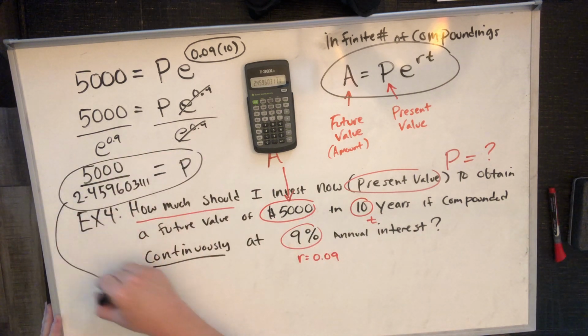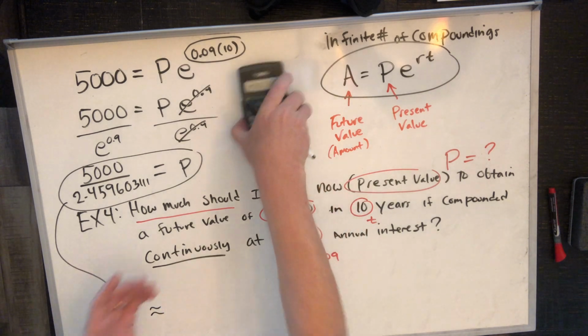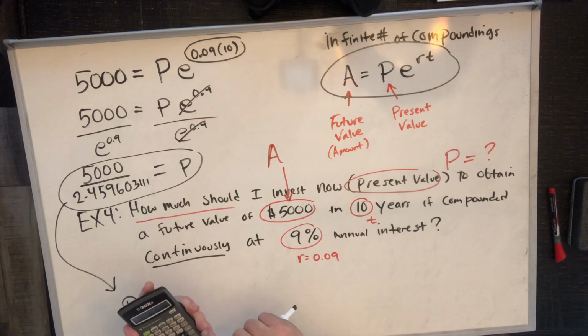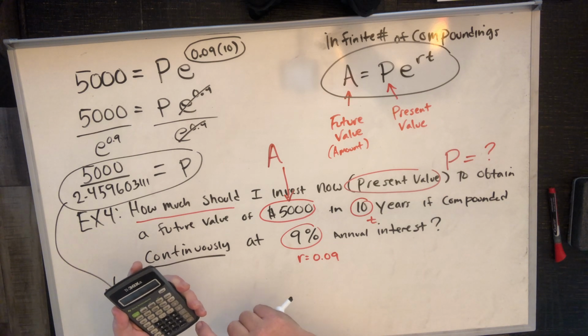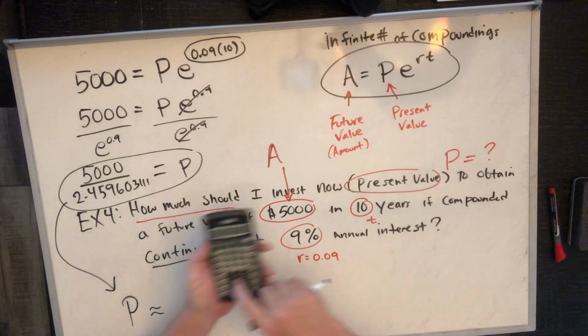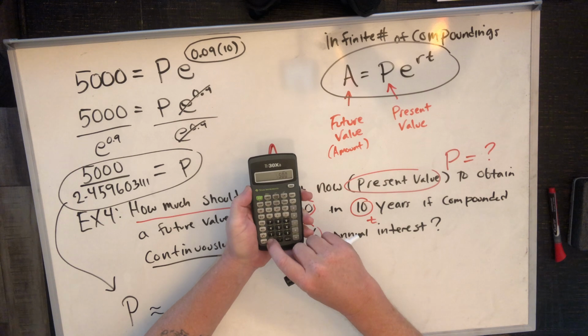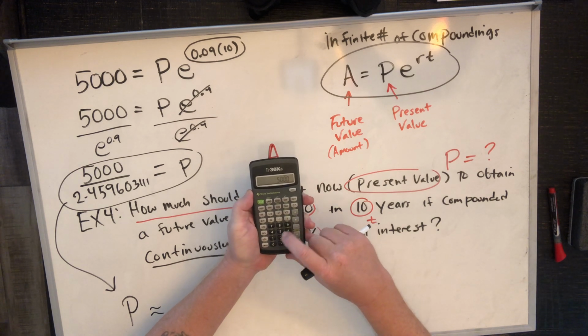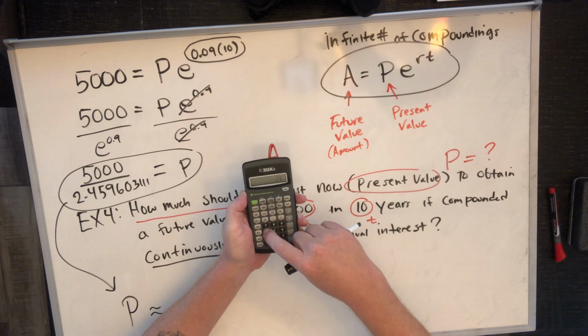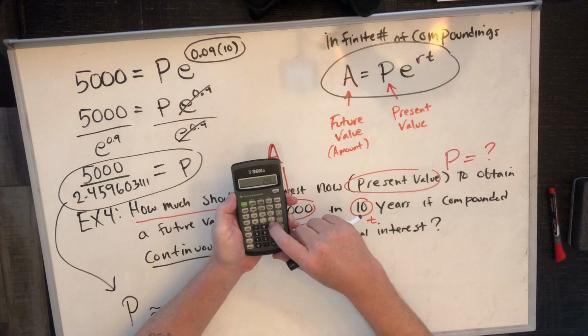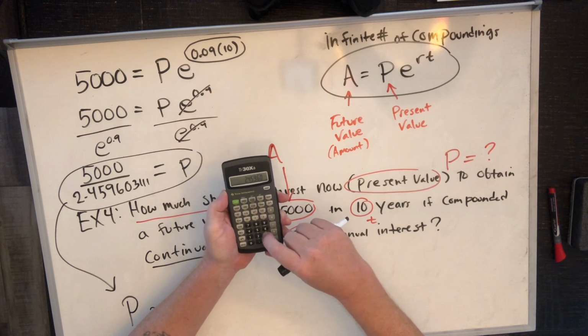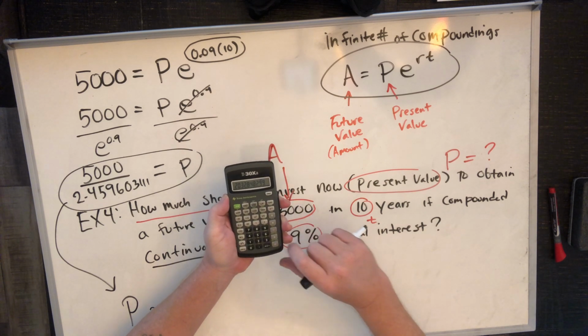Getting a little bit sloppy here, but let's just go ahead and rewrite it this way. 5,000 divided by 2.4596031111.